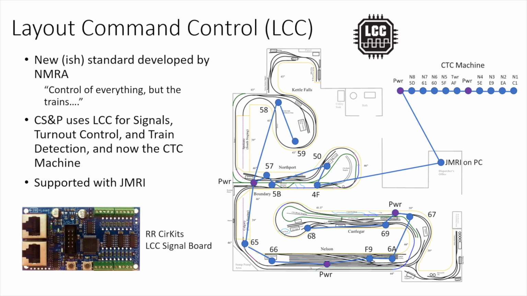The signal boards are nice in that they provide outputs to control LEDs, as well as, I'll call it, standard I/O for things like switches and buttons. And 8 of the 9 nodes in the CTC machine are the signal boards, because we needed to drive a lot of LEDs. But there's also what's called a tower board, which is used for all the code buttons.